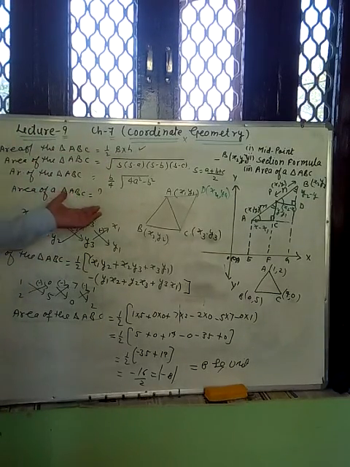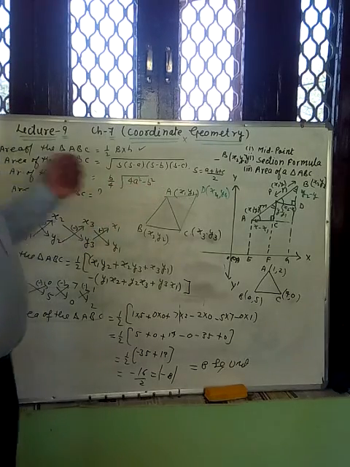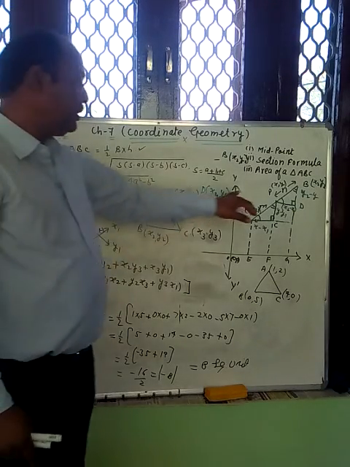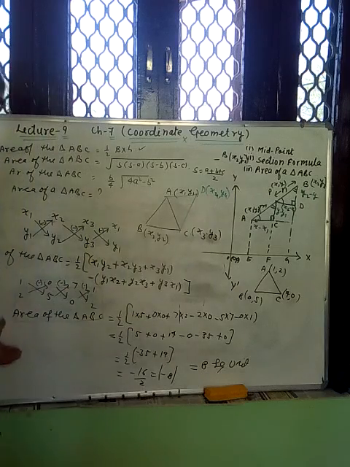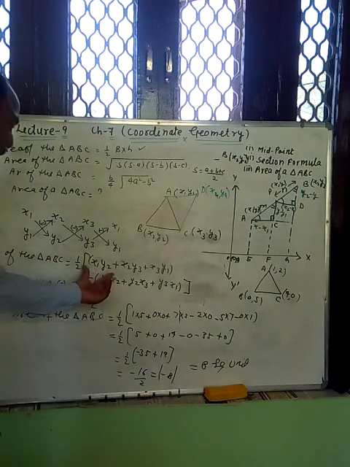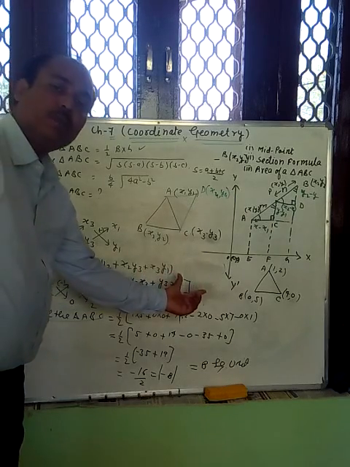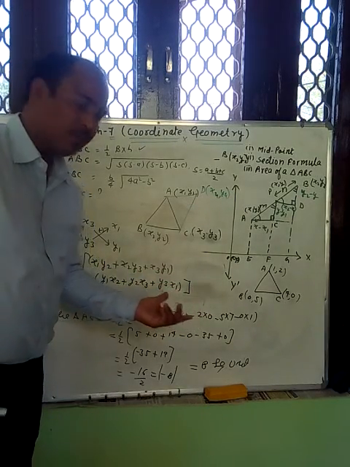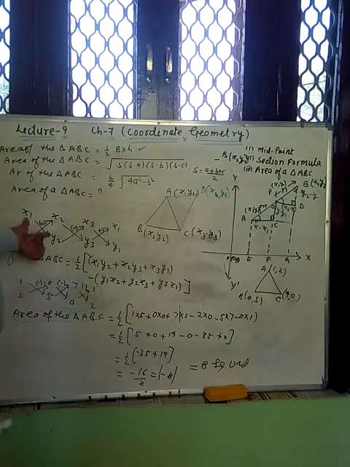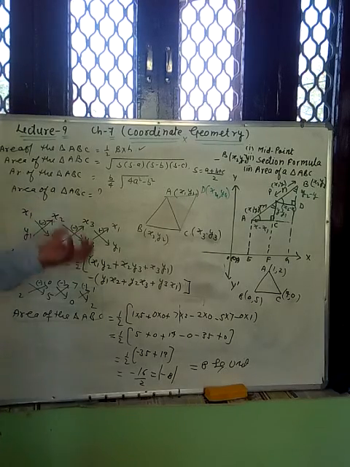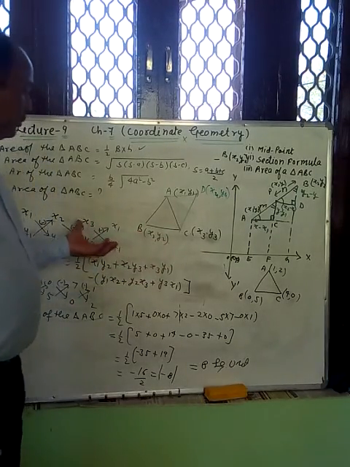There are different formulas written, but in coordinate geometry we do it with this formula. This is the easiest way to find the values.